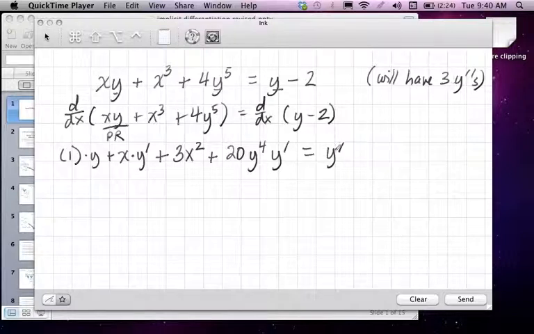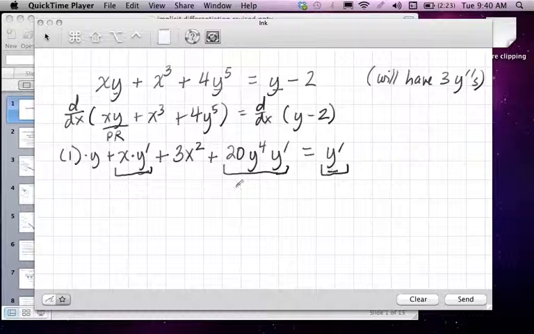So notice I have 1, 2, 3 y primes. I started with 1, 2, 3 y's. I have that many y primes. You will always, always, always have that work out. So now I want to treat y prime like a variable. So anything with a y prime I want to put on one side and everything else on the other. So I'm going to leave this expression, and this one.